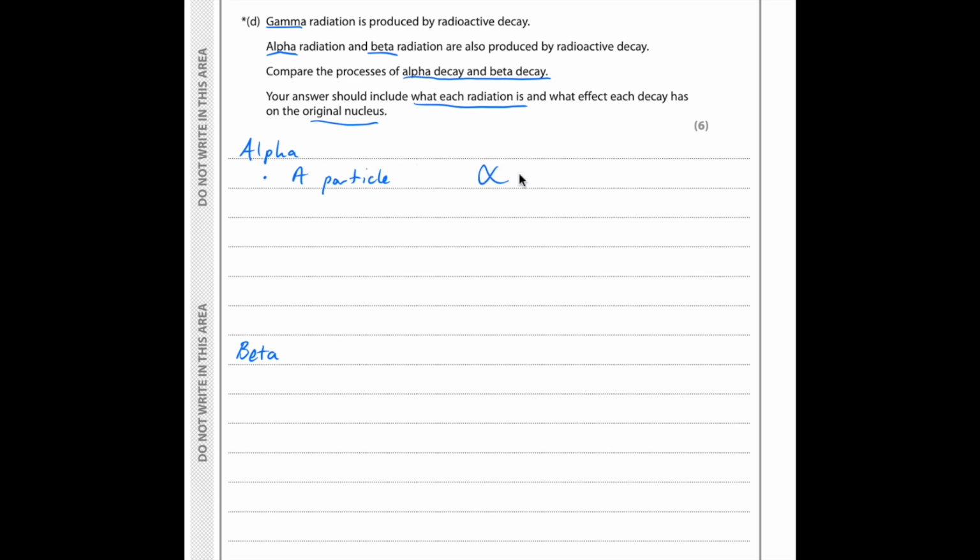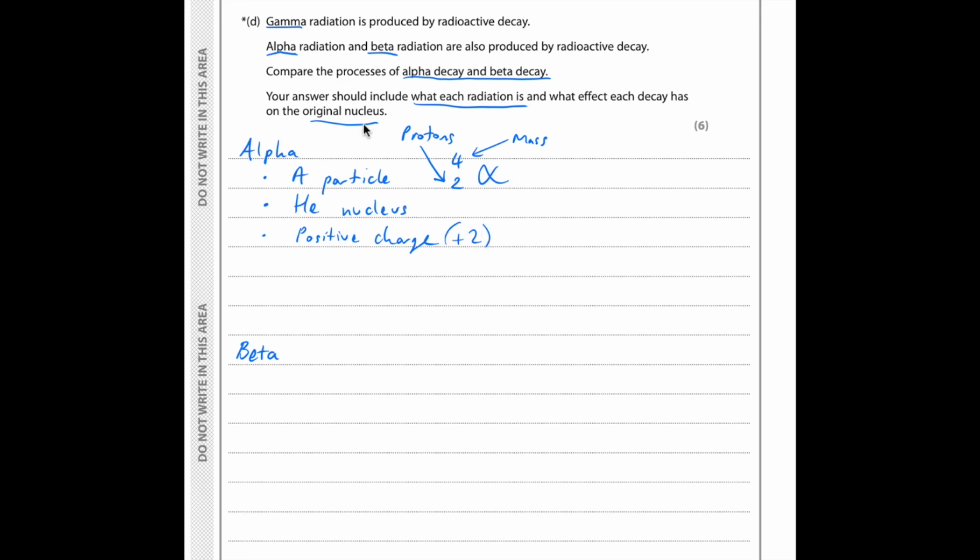So remember, alpha, it's 4,2, so it's got a mass of 4 and it's got 2 protons. So it's basically a helium nucleus. Now you probably won't get an extra mark for that though, because both of those things are the same though. It's got a positive charge of +2.